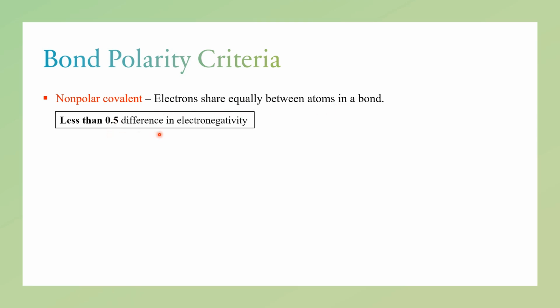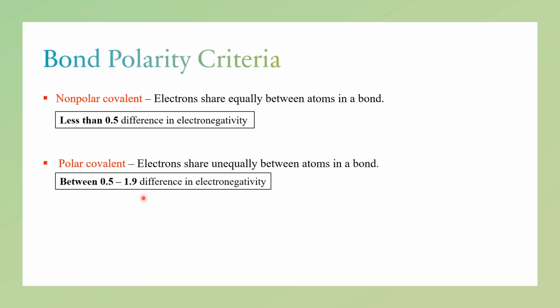If the electronegativity difference is less than 0.5, then the bond is nonpolar covalent. Polar covalent: electrons are not shared equally. The electrons are still shared in the covalent bond, but not equally. The limit is between 0.5 and 1.9. If the electronegativity difference between two atoms is in this range, we call it polar covalent.